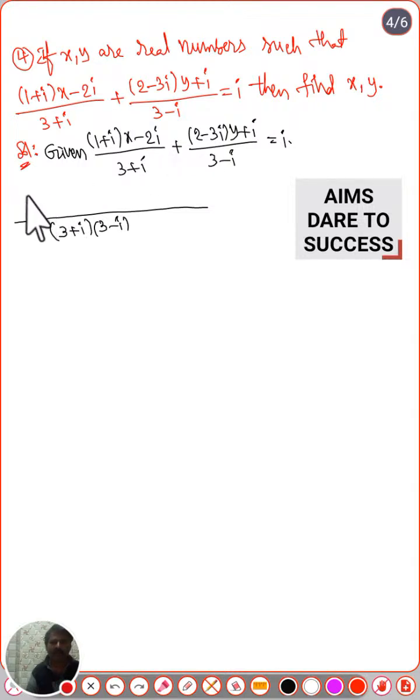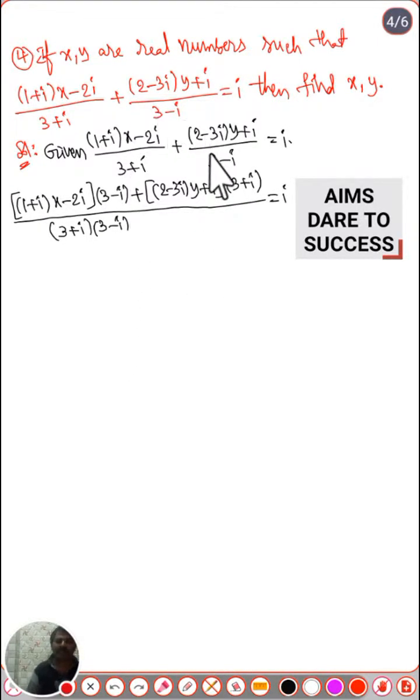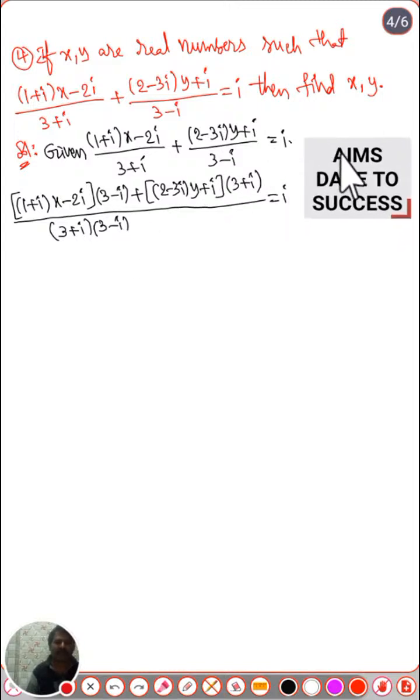Cross multiply, we get (1 plus i) into (x minus 2i) into (3 minus i). Next, plus (2 minus 3i) into (y plus i) into (3 plus i) by (3 plus i) into (3 minus i) is equal to i.